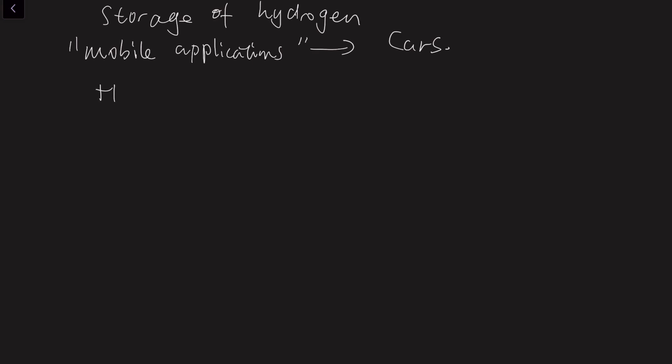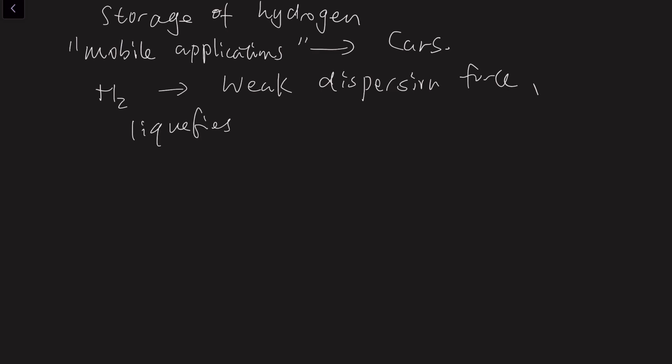So hydrogen gas, we know, has a weak dispersion force. It liquefies at negative 273 degrees.